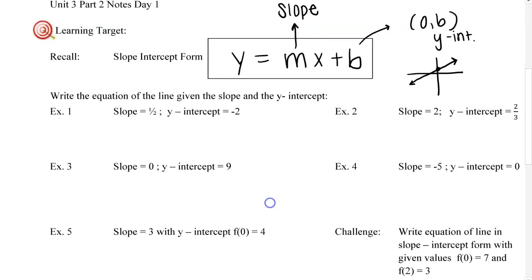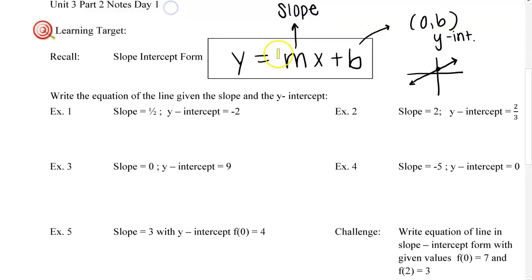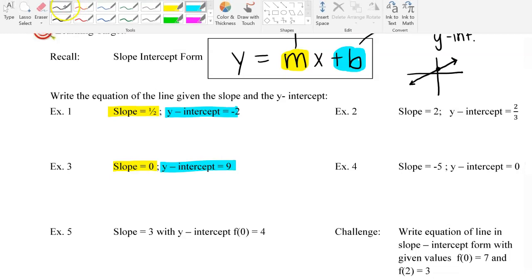To write an equation in slope-intercept form, you want to replace the m in the equation with your slope, and you want to replace the b in your equation with your y-intercept, just staying conscious of the signs of the y-intercept.